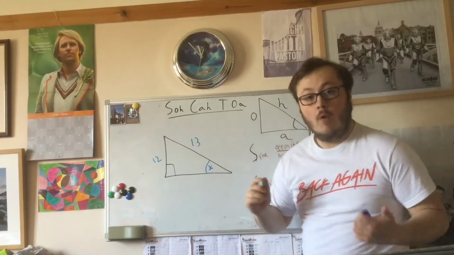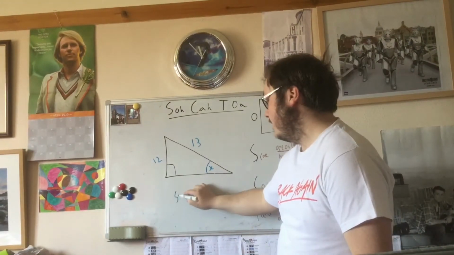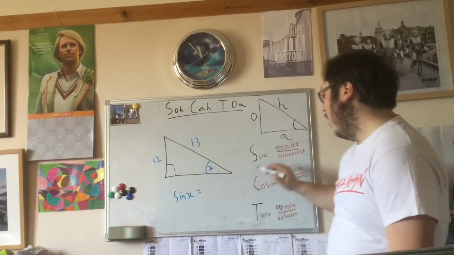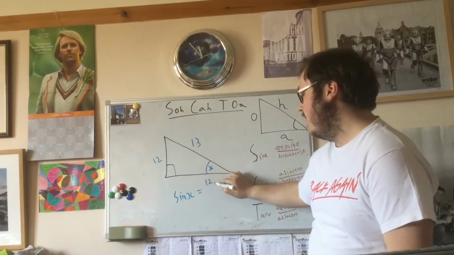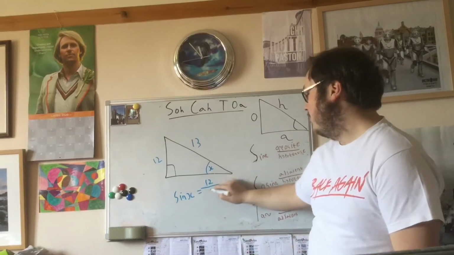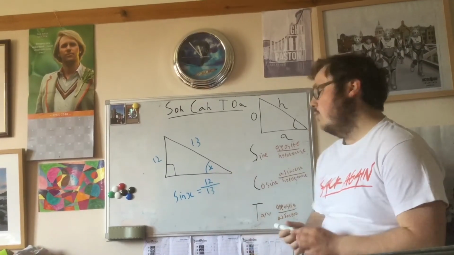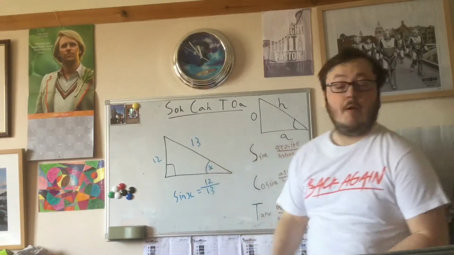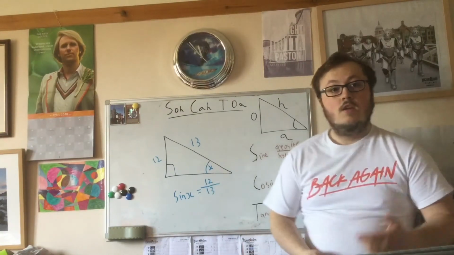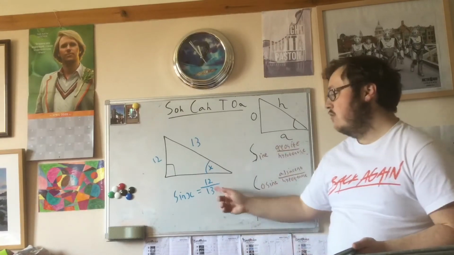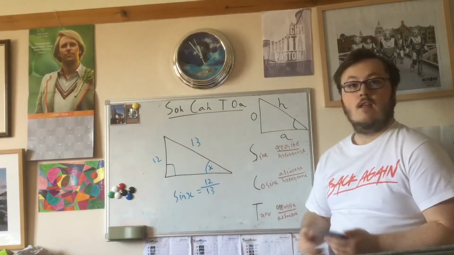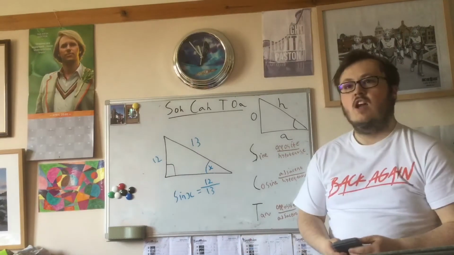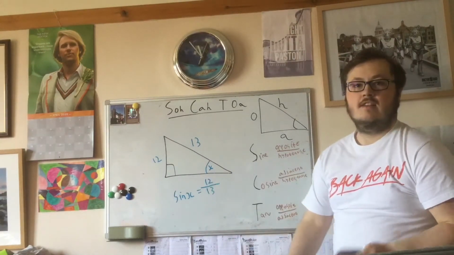So, what we write is that sine X equals our opposite, which is 12, divided by a hypotenuse, which is 13. So we divide our opposite by our hypotenuse. So the question I have is then, how do we find that missing angle? We've just written 12 over 13. I doubt that angle is going to be 12 over 13. How do we do it?